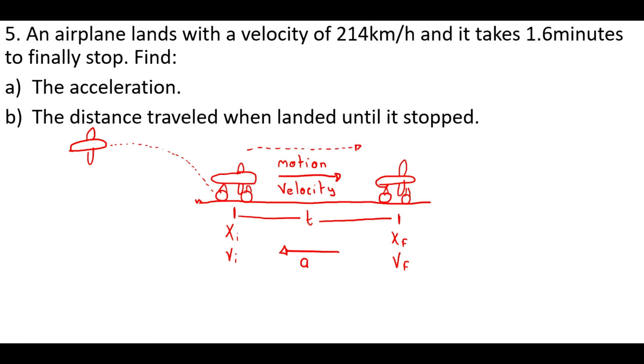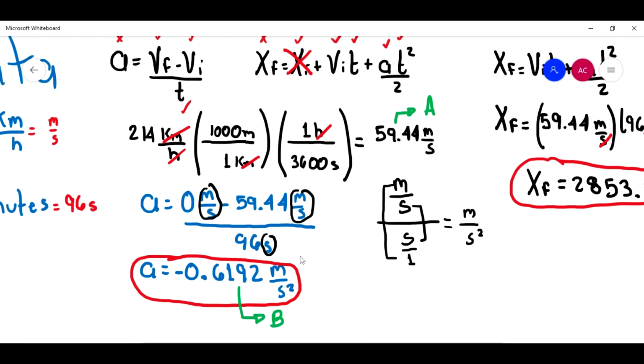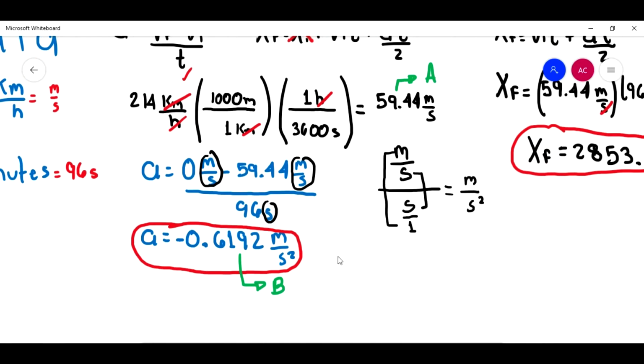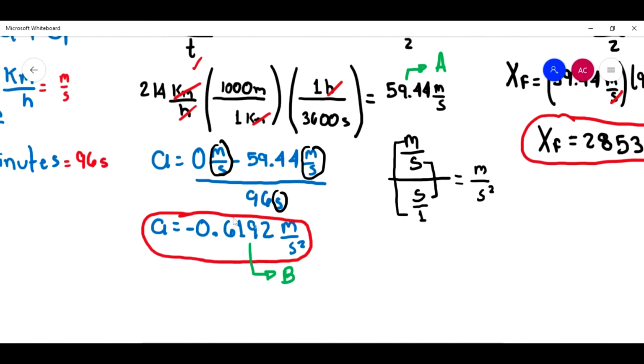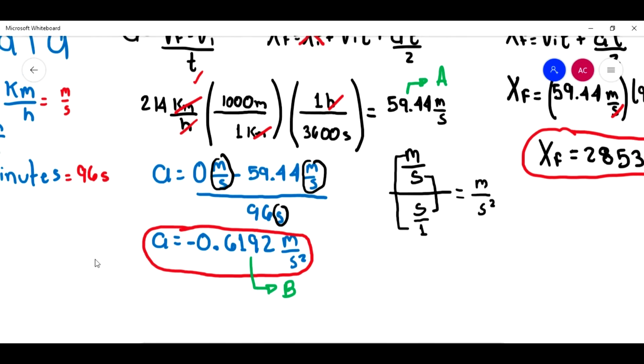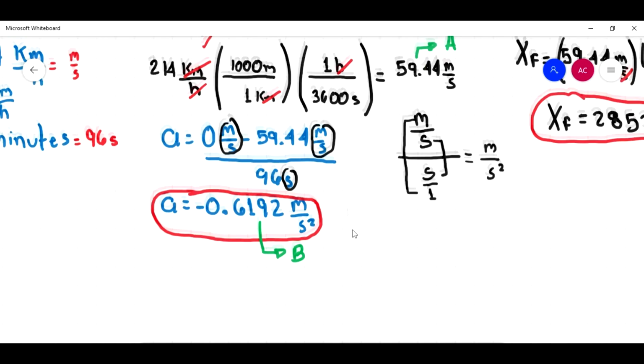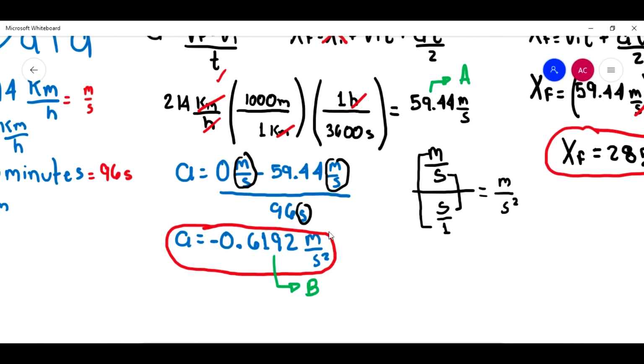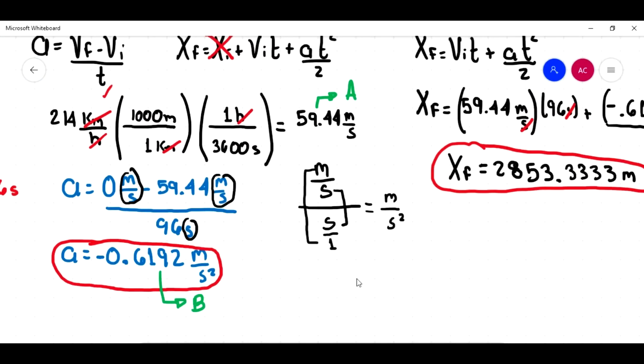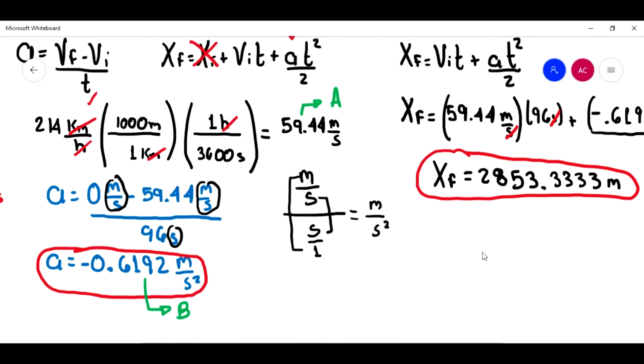So the acceleration is what makes the airplane stop. It is making the velocity decrease until finally it stops. So that's why the negative sign. Remember that the acceleration is a vector. This is the magnitude, and the negative sign is the direction. Where does this acceleration go? It's going against the motion because it's braking the airplane. And of course the position is positive.